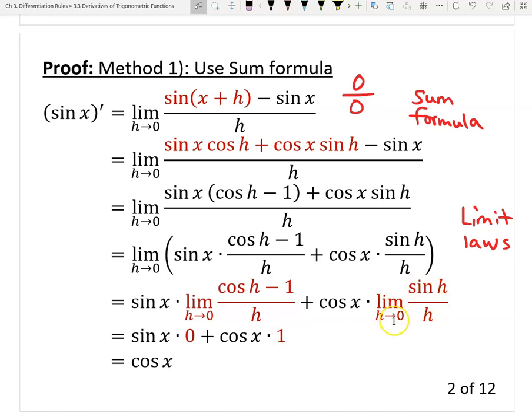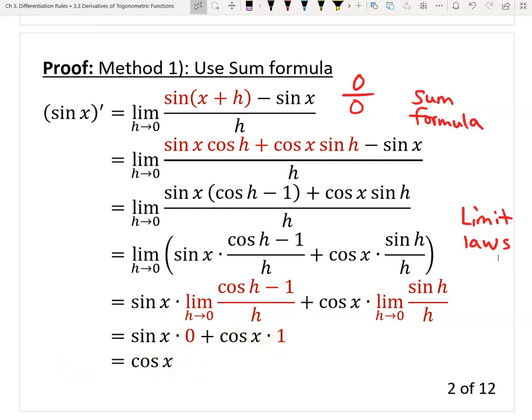Definitely this is 1, no problem. For the first, this red term, it's not a formula, but we did the example in the last video. If you go over the last example, you can find the result is 0. So now the first term goes to 0, and the second term goes to cosine x.